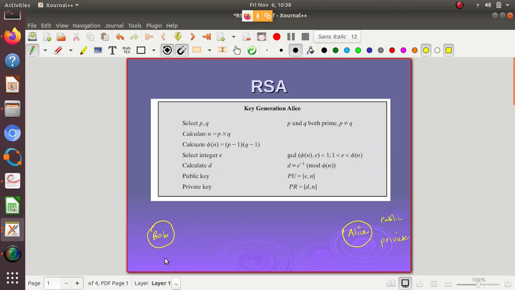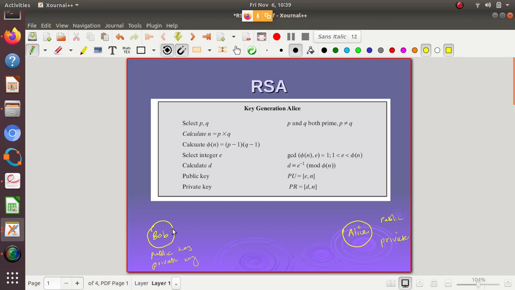Bob will also have a public key and a private key. The public key will be announced publicly and known to all. The private key will be known only to that particular party.